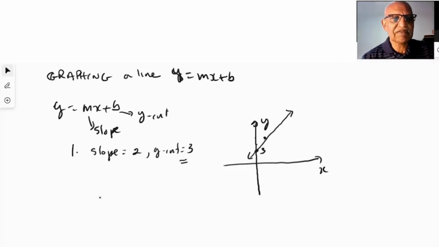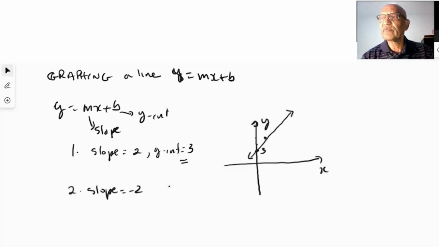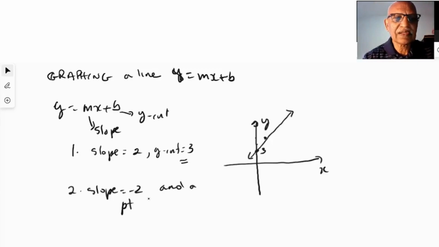So let's say the slope is negative. Next one. If the slope is negative 2 and the point is 2, 1.